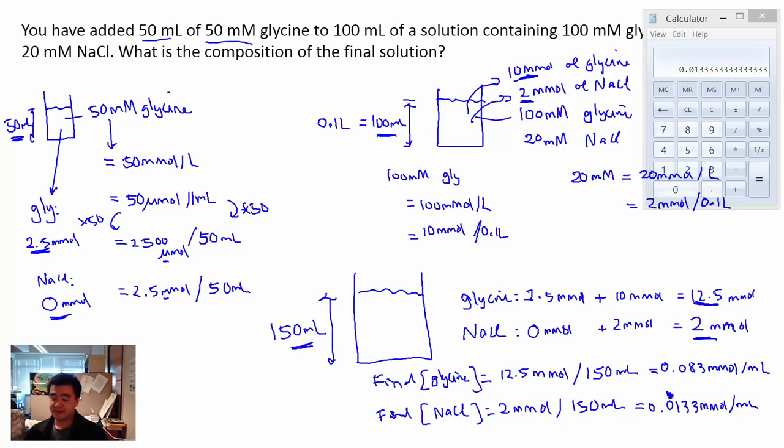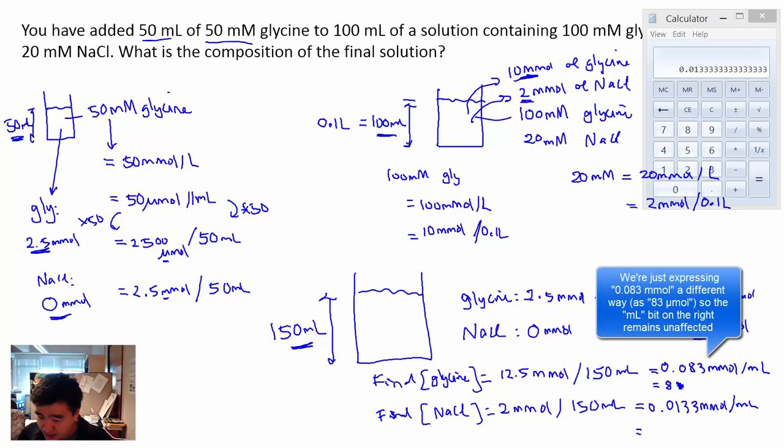millimoles per milliliter. Now that's a fairly ugly number, so what we can do instead is convert this over to a nicer number with a different prefix. So 0.083 millimoles is actually equal to 83 micromoles, and 0.0133 millimoles is actually equal to 13.3 micromoles.